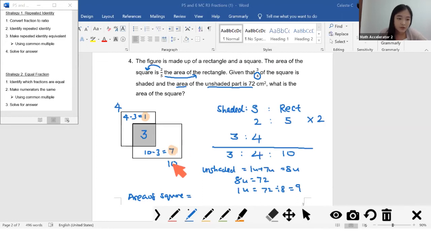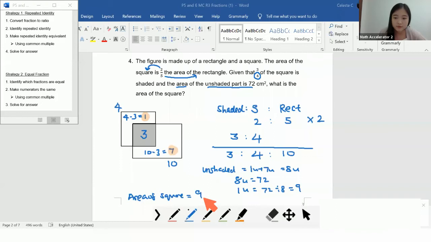Alright, for those of you who said 27, read the question again. What is the area of the square? Did they ask you for the area of the unshaded part of the square? Yes, they're asking for the square. So look at your ratio here. 4 units. Right, so you have to find 4 units.